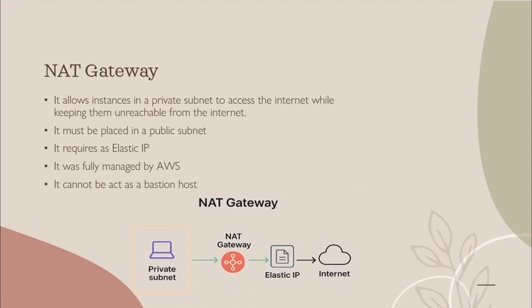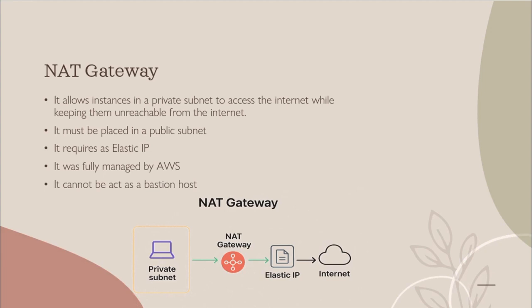So it allows the NAT gateway to reach the internet, and the private subnet's instances can also access the internet through the gateway if the elastic IP is allocated to it. So without the elastic IP, the NAT gateway cannot reach the internet, and it cannot send outbound traffic also.